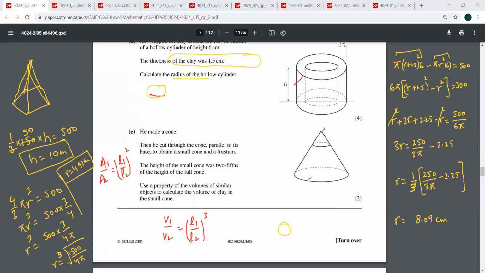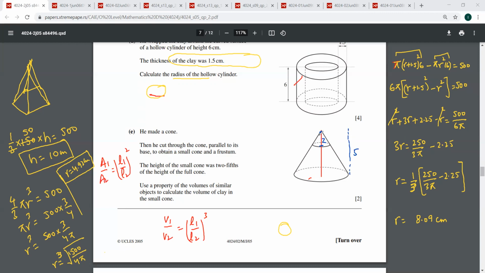Now, children, let me draw a line here. He's saying that the height of the small cone was 2/5 of the height of the full cone. So can I say that if this much is 2, then all of this height is going to be 5, right? Because this height is 2/5 of this.